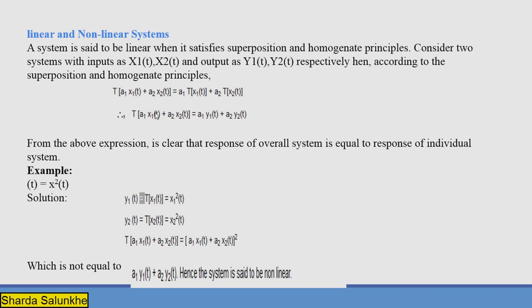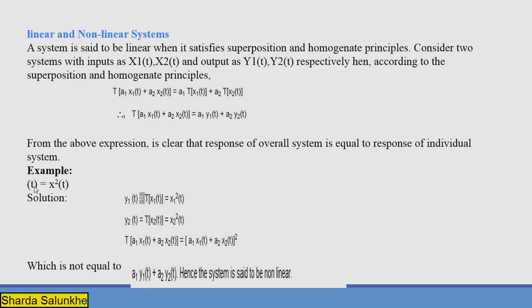And suppose this system does not obey the principle of the superposition theorem, then that system is called a non-linear system. So from the above expression, it is clear that the response of the overall system is equal to the response of the individual systems.